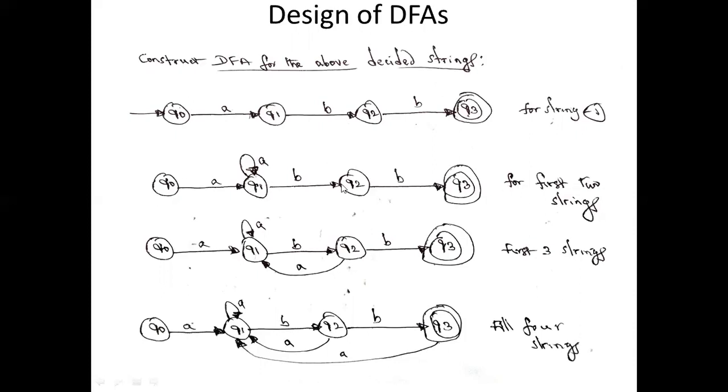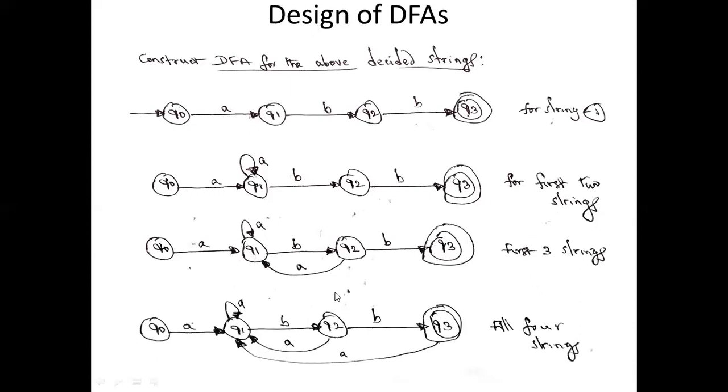Next ABABB. In this path, ABB is there, AB is also there. ABABB we need to read, but one more B is there here. If you come back to this state, we can utilize these 2 Bs. That's why we came back to Q1 on A. So ABABB.